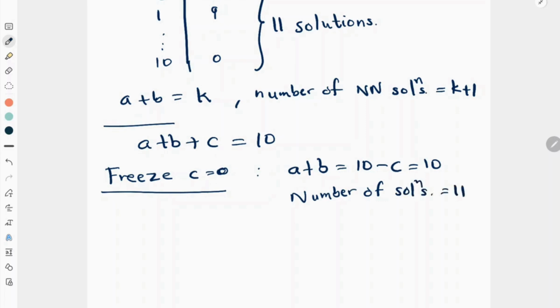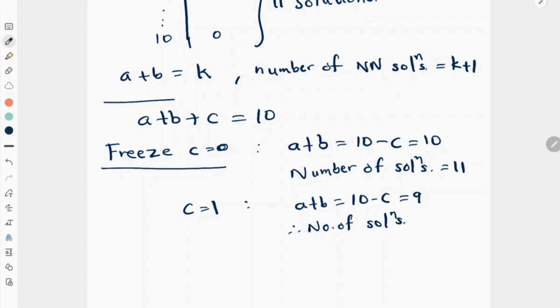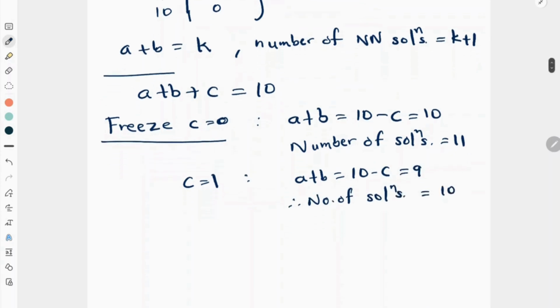Now freeze c is equal to 1. So then I want a plus b is equal to 10 minus c, which is 9. So the number of solutions is 10. 9 plus 1, that's k plus 1, that's our formula.